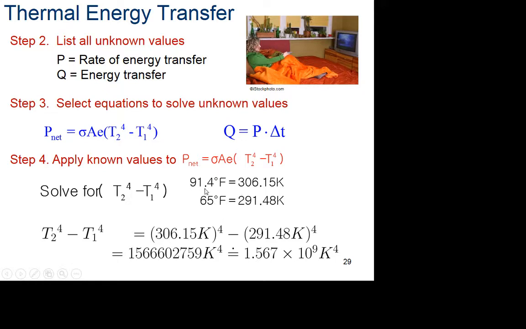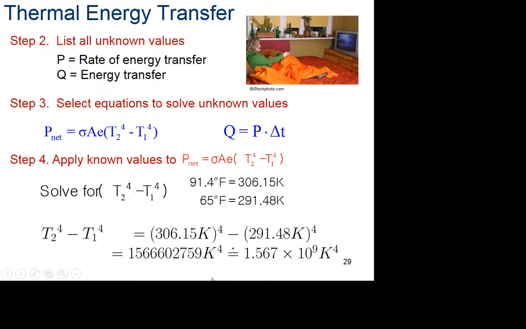So we've got 91 degrees as the first body temperature, and then the room temperature is 65 degrees, so that's going to be our second temperature. We're going to raise each of those to the 4th power, and then subtract them from each other. So we take this one minus this one, and that gives us, in degrees Kelvin, this big number.